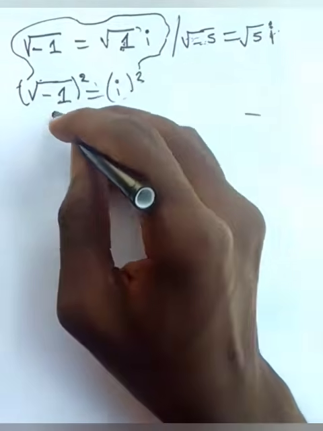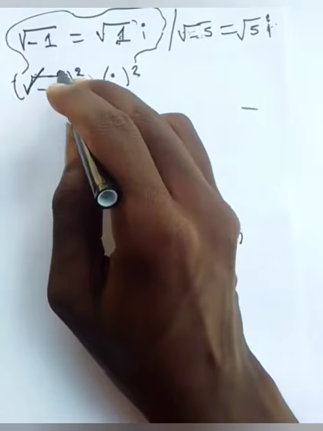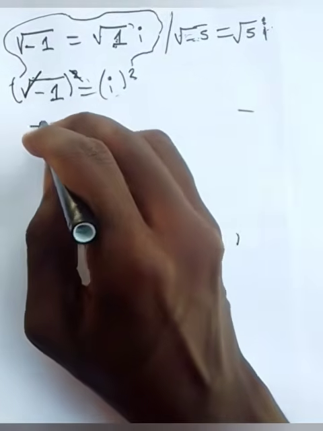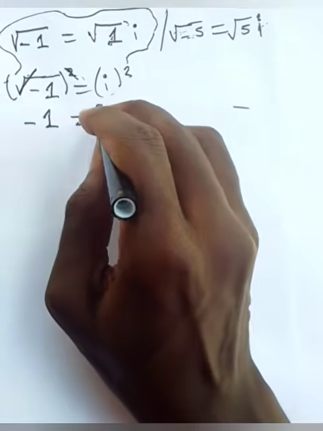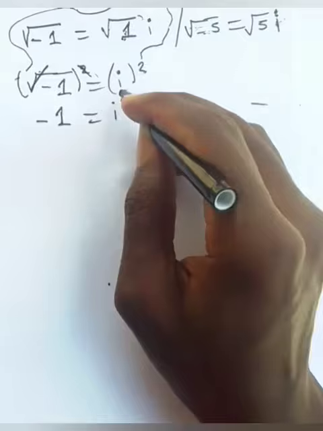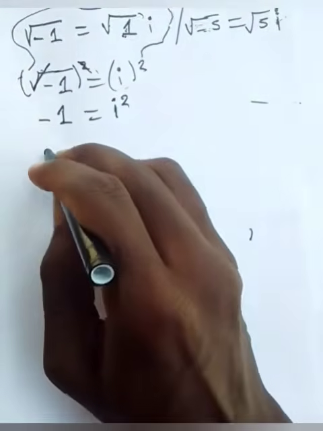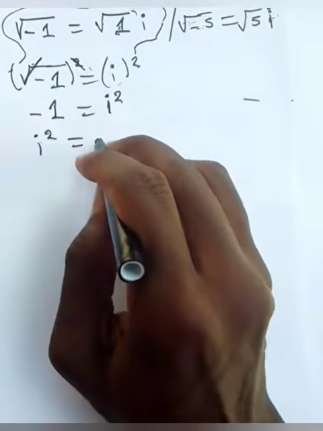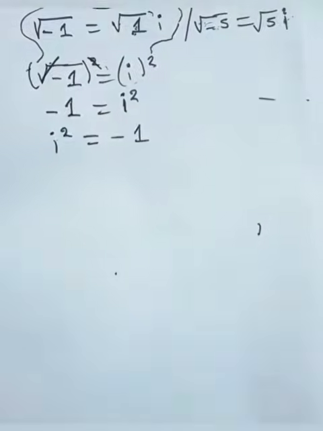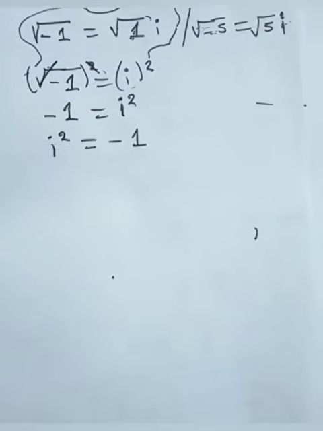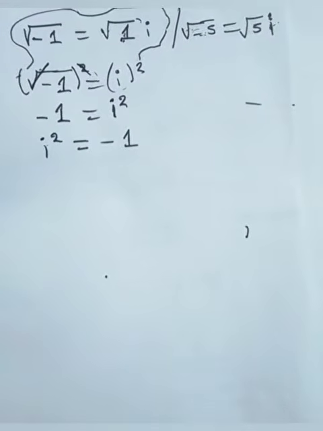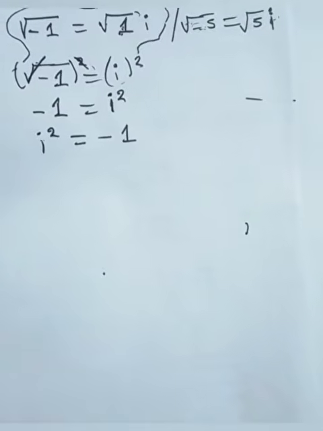So this square root will cancel, and we remain with negative 1 is equal to I power 2. So this brings another identity, which is whenever you have I power 2, it is the same as negative 1. So as you'll be simplifying, if you end up with I power 2, substitute with negative 1. Now, if you have understood this, we can now proceed to solving these questions.